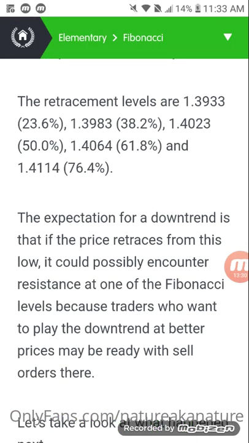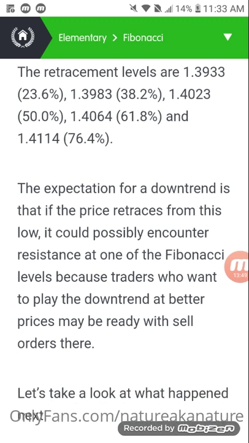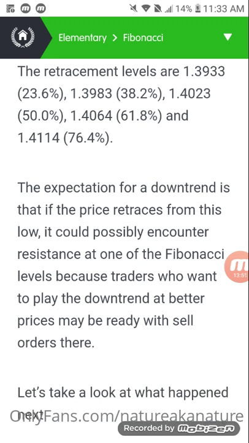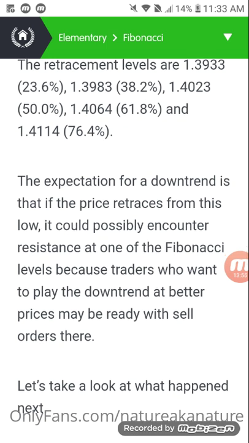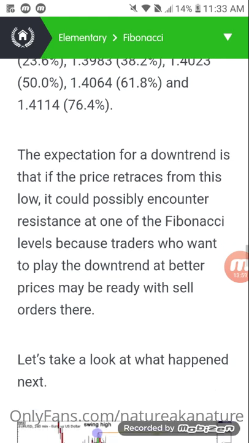The expectation for a downtrend is that if price retraces from these lows, it could possibly encounter resistance at one of these Fibonacci levels, because traders who want to play the downtrend at a better price may be ready to sell at those levels. So they're going to put sell orders at those Fibonacci levels, whether it be 23.6, 38.2, 50, 61.8, or 76.4.